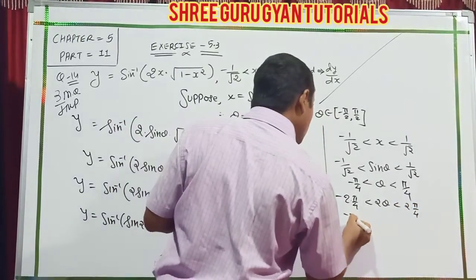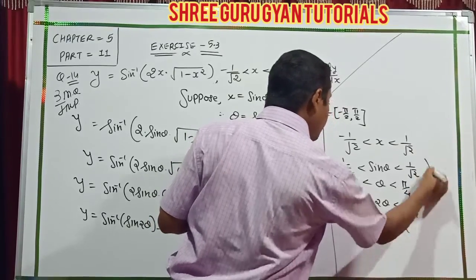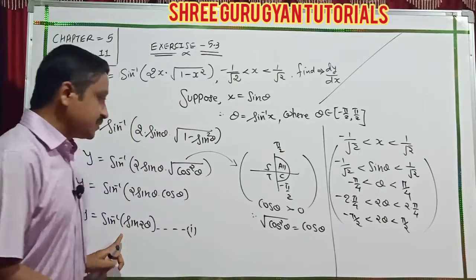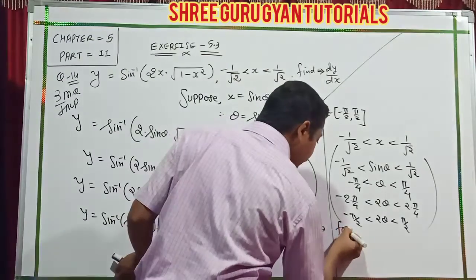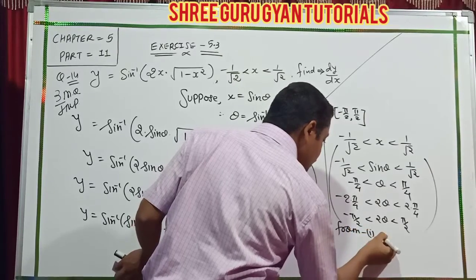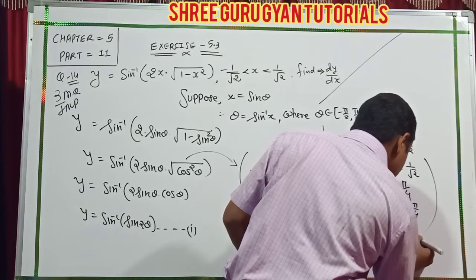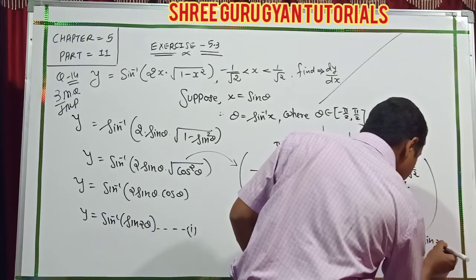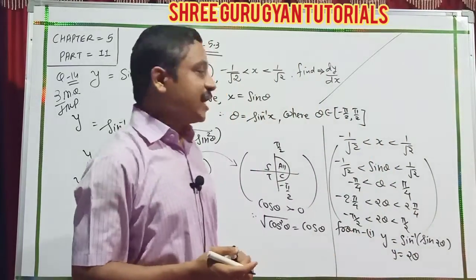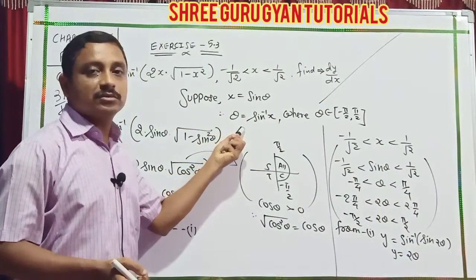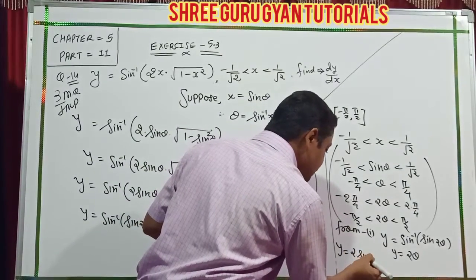So minus pi by 2 to pi by 2 is your range, which covers our question. That's why from statement 1, y is sin inverse of sin 2 theta, which gives only 2 theta. And theta you already know, so y is equal to 2 sin inverse x.